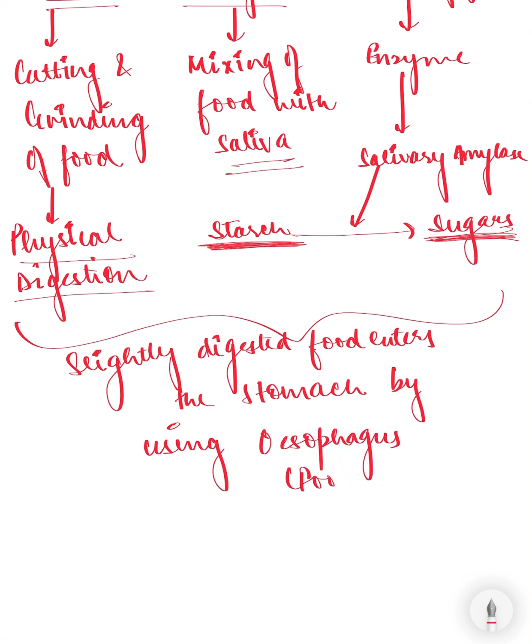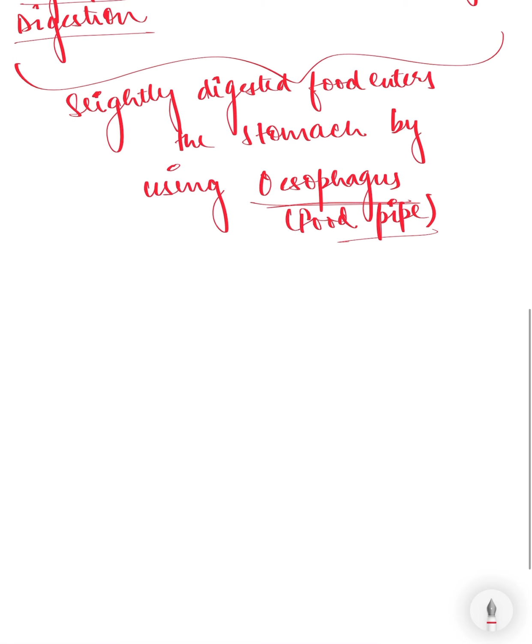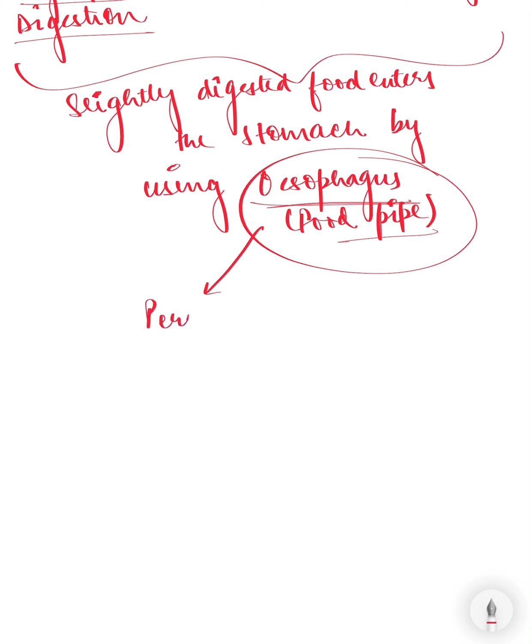This esophagus is also known as the food pipe. Now let's talk about this esophagus a little bit. It follows a movement which is called peristaltic movement, which helps in the pushing of the food to the stomach.